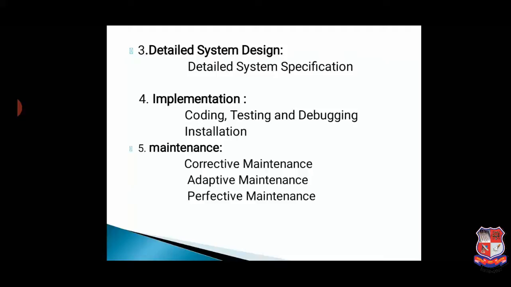Next comes the detailed system design. Detailed system specifications are designed to complete the design of the system process. It includes all the necessary technical specifications like screens, menus, reports and other activities. Next come the implementations.